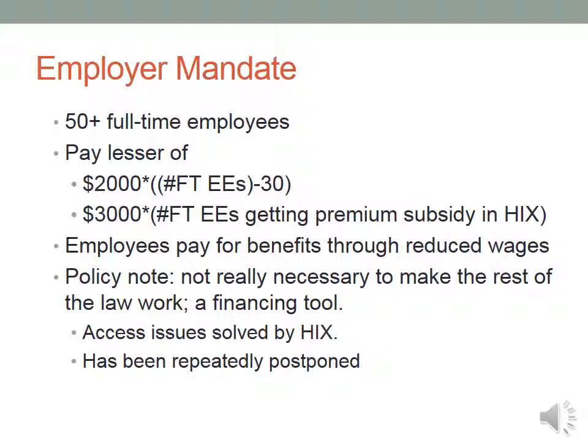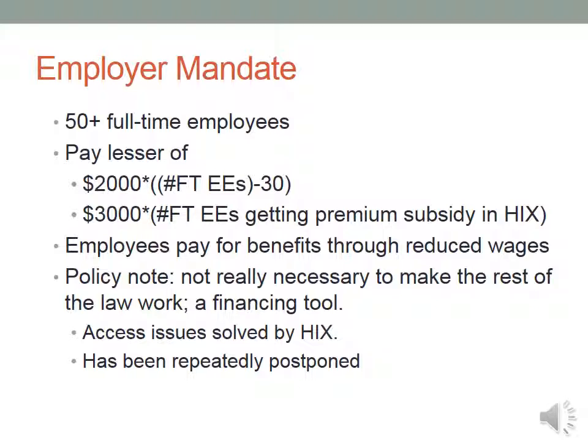So if you paid your employees a low enough wage that even though they worked for you full-time, their income was below the limits. And actually, that limit is not terribly low because the premium subsidies go all the way up to 400% of the federal poverty limit. So that penalty would be $3,000 for every one of your employees that was getting a premium subsidy in the health insurance exchange.